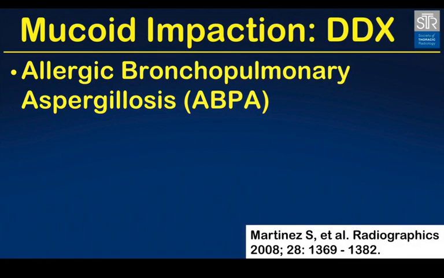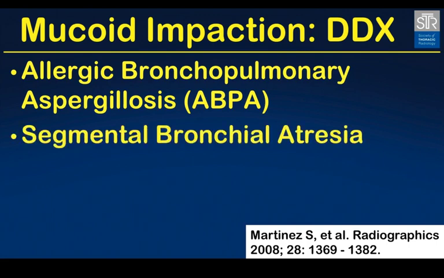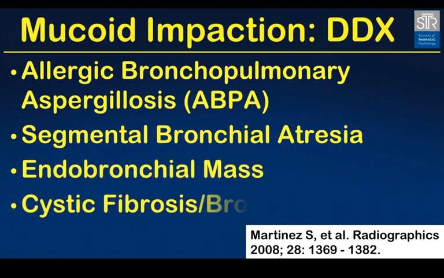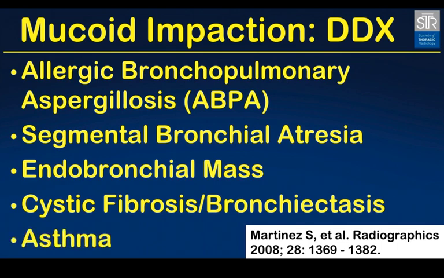Now, the differential diagnosis for mucoid impaction on chest radiographs or CT includes allergic bronchopulmonary aspergillosis, segmental bronchial atresia, an endobronchial mass, other forms of bronchiectasis, including cystic fibrosis, and sometimes mucoid impaction is seen in run-of-the-mill asthma. And there are other things on the differential diagnosis. These are probably the 5 most common, particularly when the mucus plugs are quite large, as in this particular case.